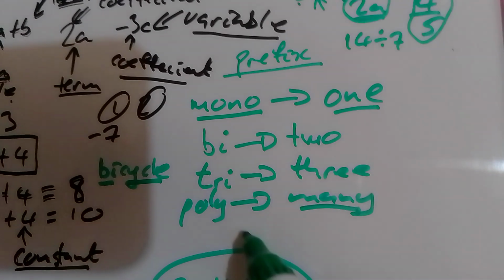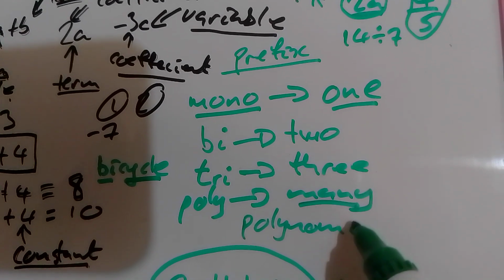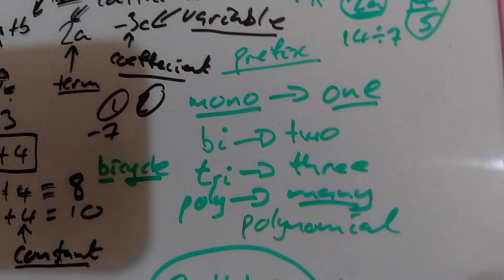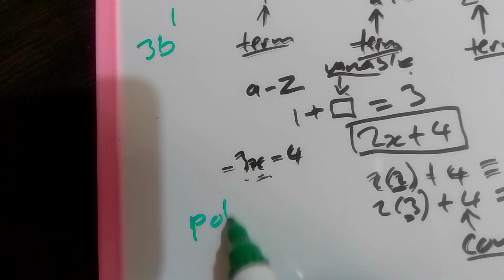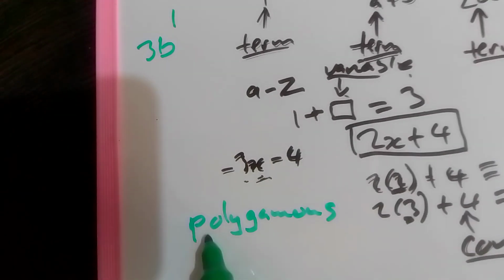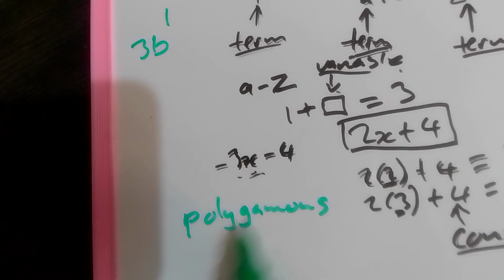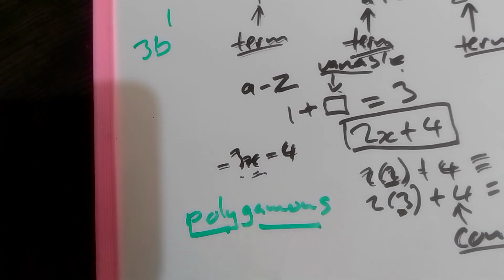That is what is known as a polynomial. Hence the word poly, when we are saying many, that's why you have heard of the word what? Polygamous. When a person marries more than one wife, then we say, oh, that man is polygamous, right?